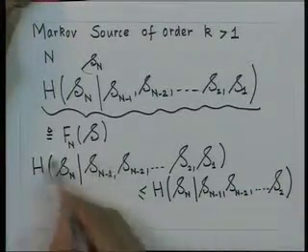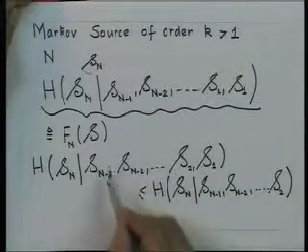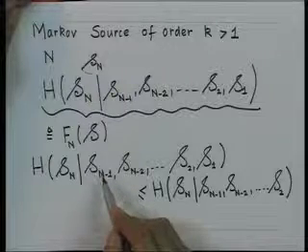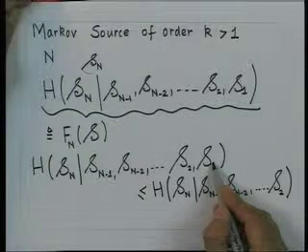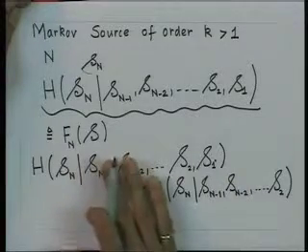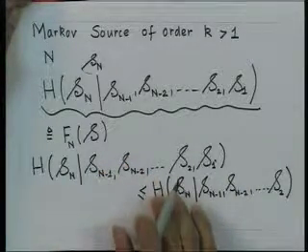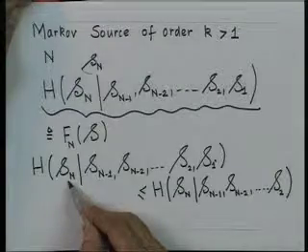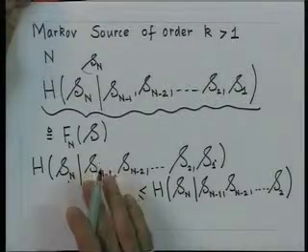What this relationship implies is that the knowledge delivered by the first symbol S1 cannot lead to an increase in the uncertainty about the nth symbol, but it will always decrease it or leave it unchanged. So, this is the significance of this expression.